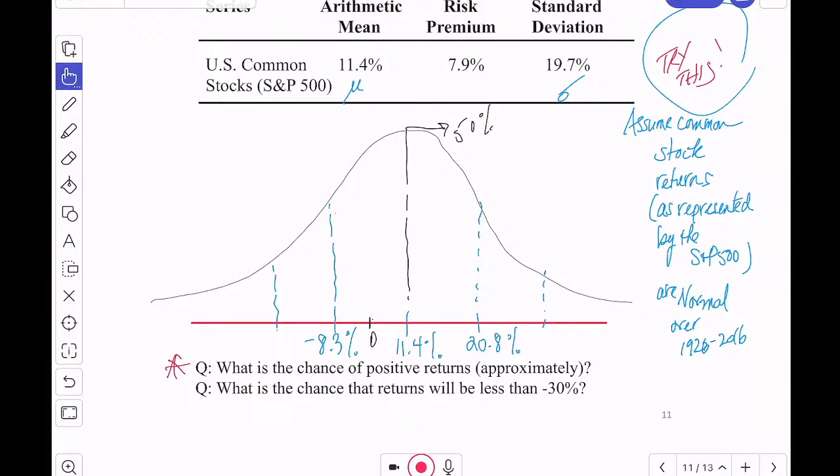And then I have to add a little bit here for positive returns. Now this is not going to be precise, but if this whole thing is 68, then this is like 34. The whole of this is 34%.